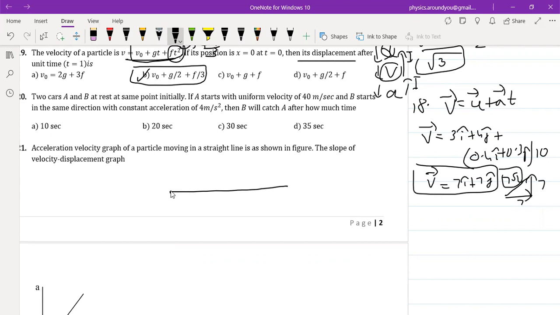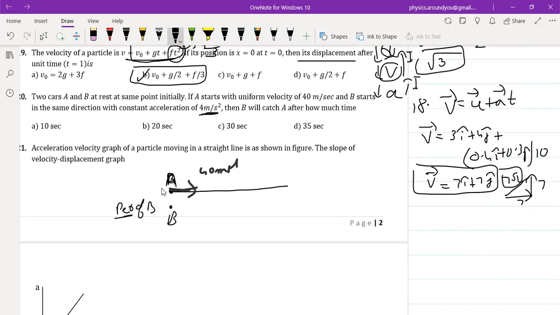So here is where I look at A from the perspective of B. B was at rest initially. So it will see A moving towards the right with 40 meter per second. But you see, B is actually moving with an acceleration of 4 meter per second square. So what will B see?